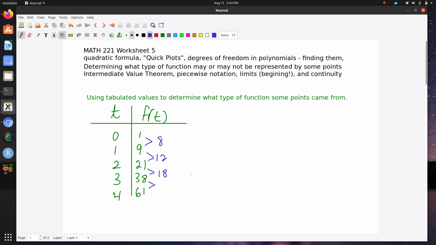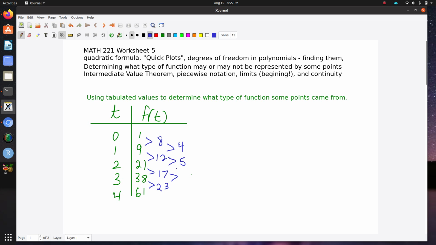Did I just add 8? No, I just added like 17. Hold on a second. I don't even know if this example is going to work out. So let's just go ahead and try it. And I don't even know if I got the arithmetic right. If it fails, it fails. Who cares? Then I'll show you an example of something that's not working, which is what most of your homework's going to be anyway.